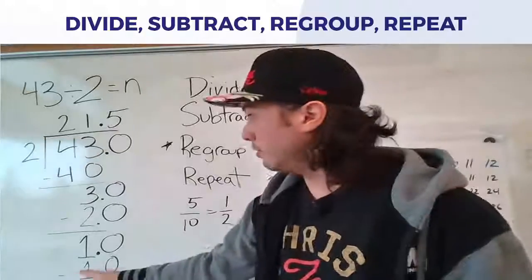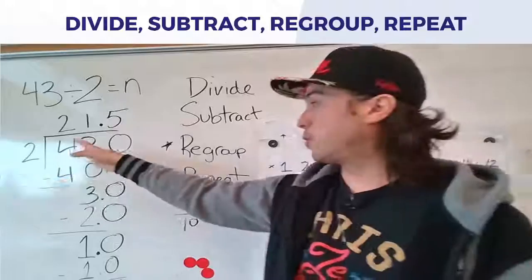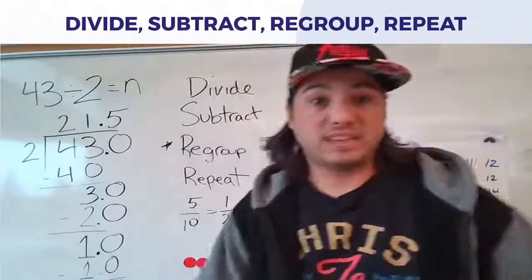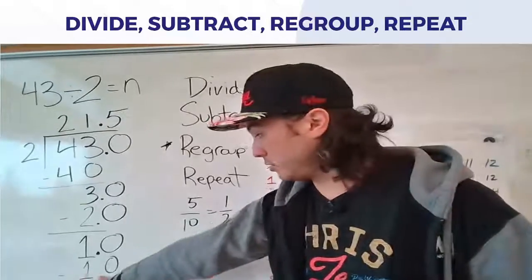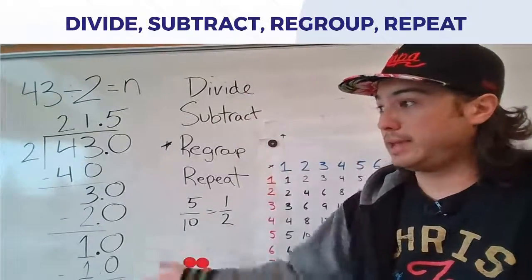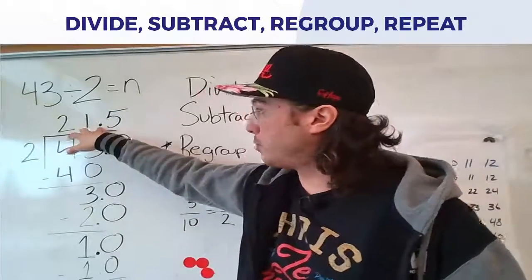If it was 48 divided by 10, for instance, you might end up with an 8 down here that you convert into tenths and do 80 divided by 10, right? And then don't forget to add a decimal point here as well.